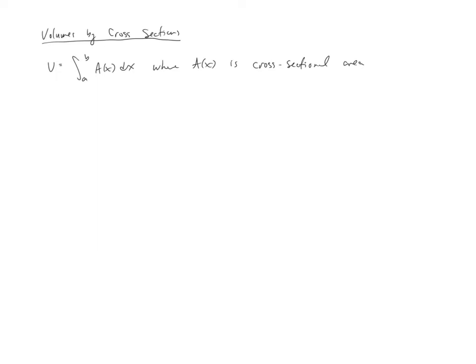All right, so the first method we're going to look at is going to be where we take this curve. I've got some curve right here. We're going to call this guy y equals f of x. And I am going to take it now, and I'm going to revolve it around the x-axis.